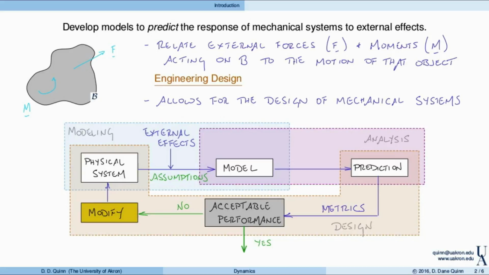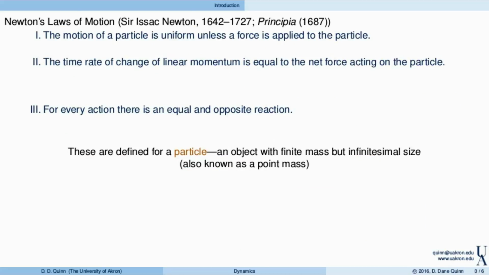So, on to it. How do we do this? Well, we base our models on the fundamental laws of mechanics. These are commonly referred to as Newton's laws of motion, written down in the form that we know them best by Sir Isaac Newton, who lived from 1642 to 1727, in his famous textbook Principia, which was published in 1687.